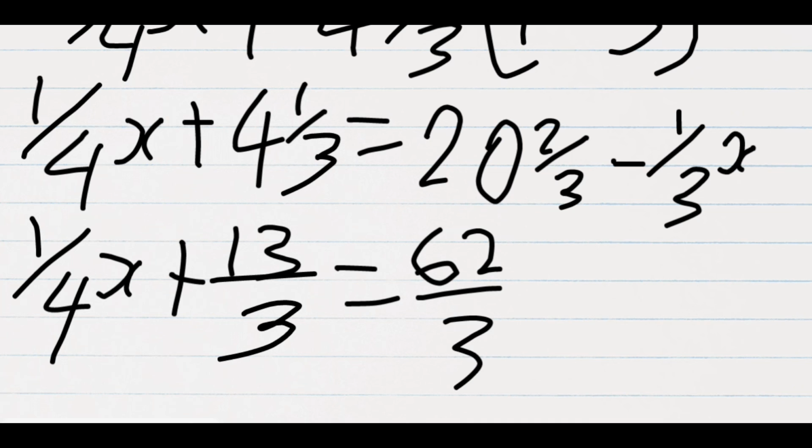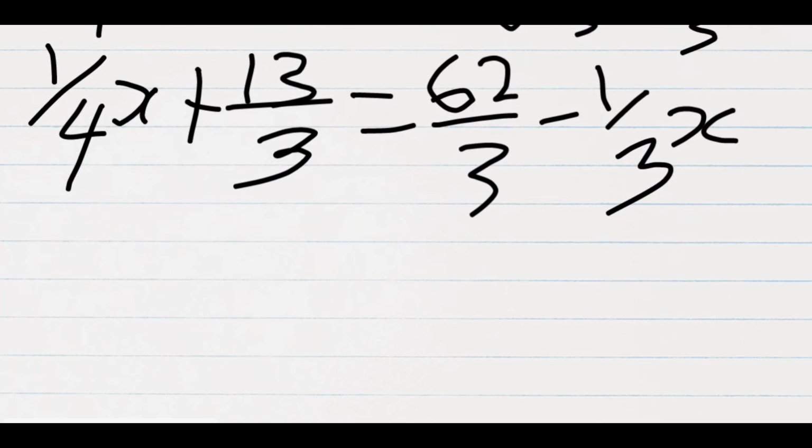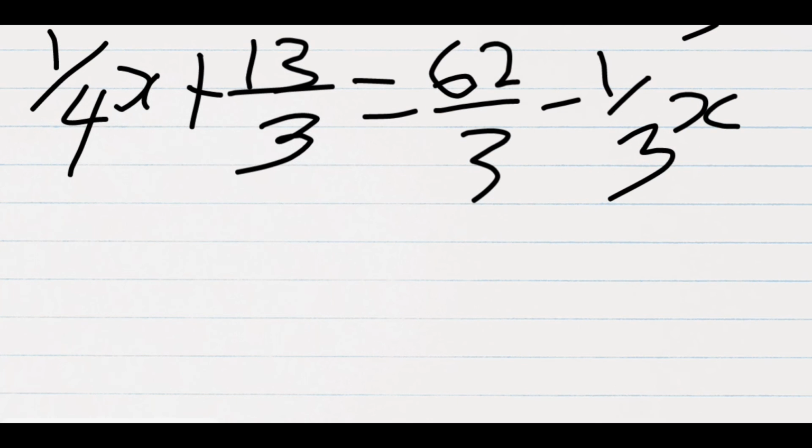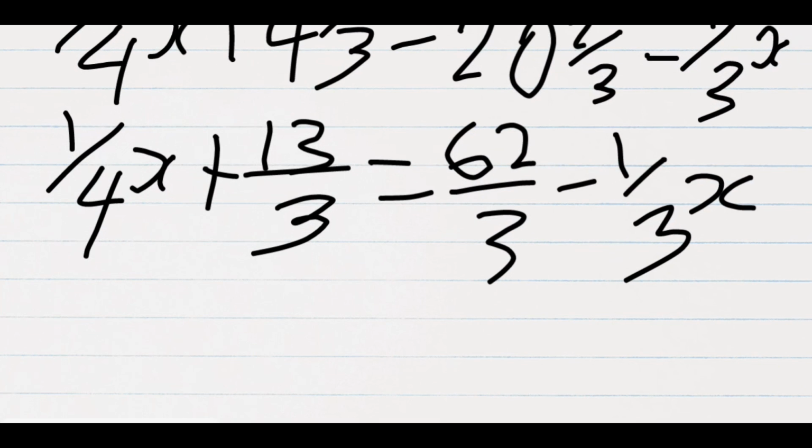Now we're going to multiply each term by the LCM of 4, 3, 3, and 3. And the LCM is 12. So multiply each term by 12. So then we'll have 1 over 4x times 12 plus 13 all over 3 times 12 is equal to 62 over 3 times 12 minus 1 over 3x times 12.